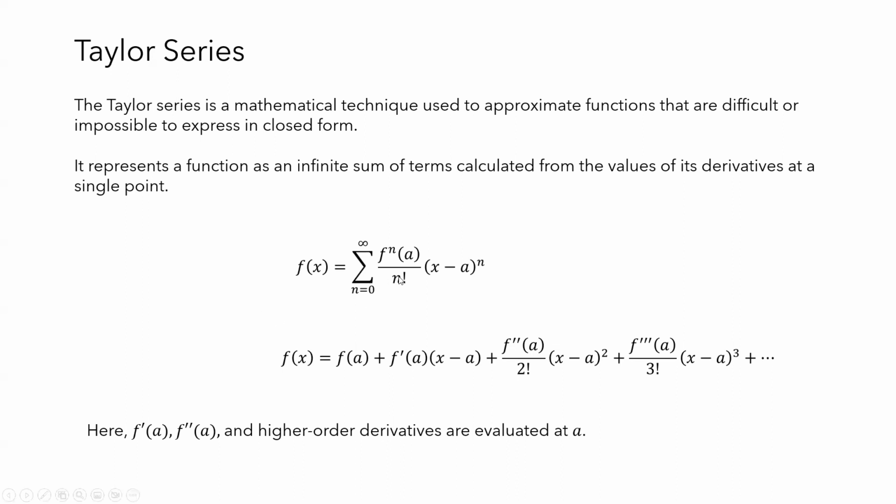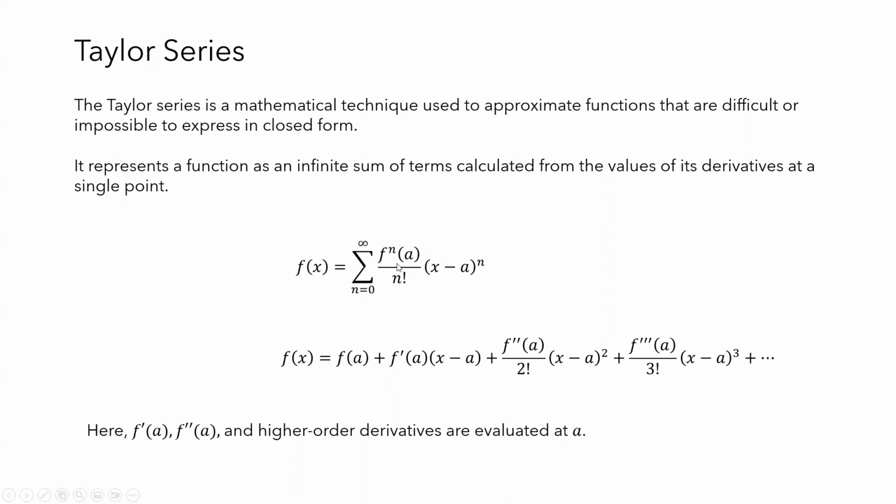Okay, and here you can see the factorial n at the denominator, and this one is x minus a to the power n. So n represents the index for the term, each term within the summation. Okay, now here this a, what is this a?